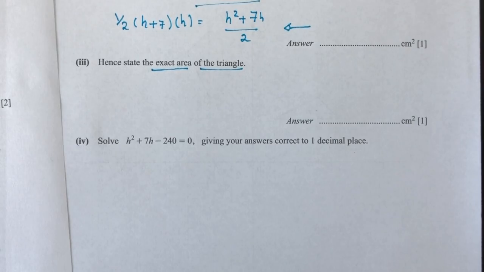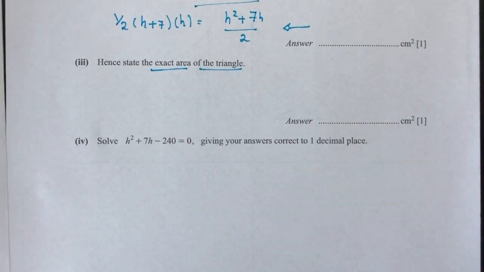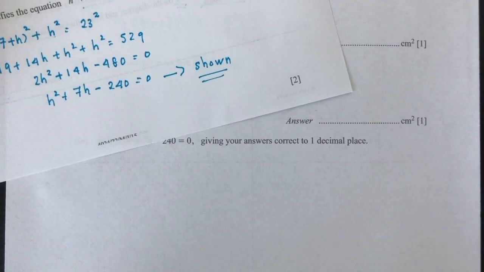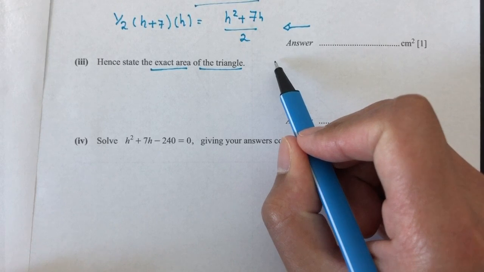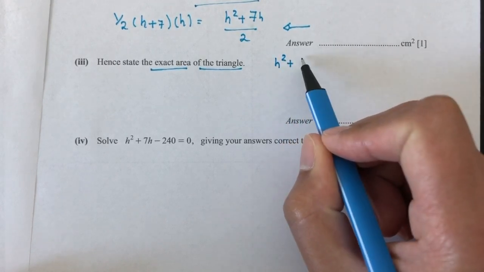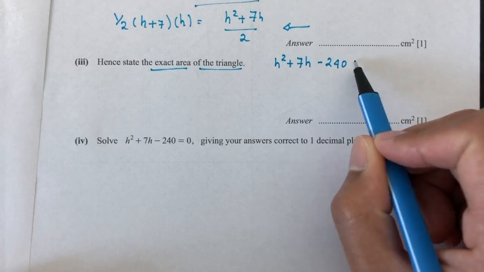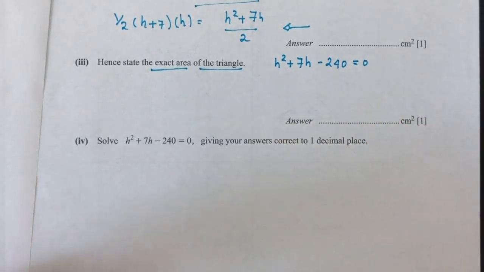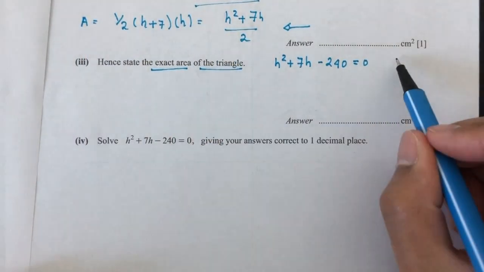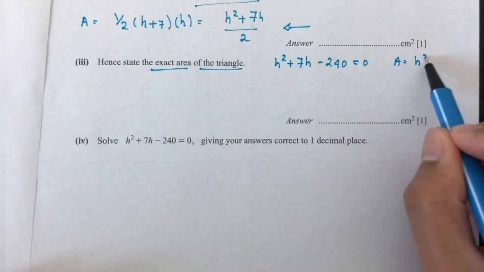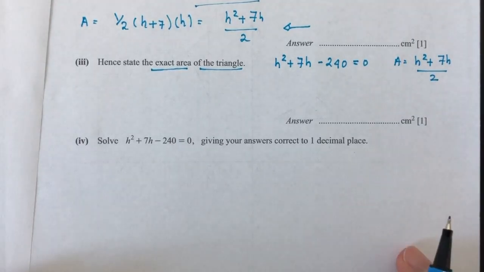We have to use the two equations that we have from part 1 and part 2 to find the area. In part 1, we have this equation, h squared plus 7h minus 240 equals 0. And part 2, the area equals (h squared plus 7h) over 2.